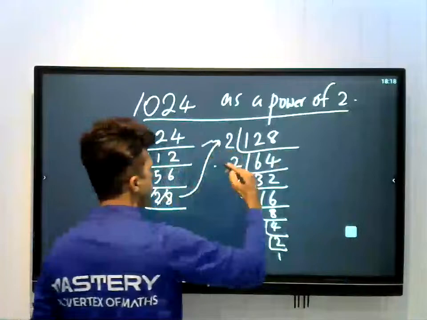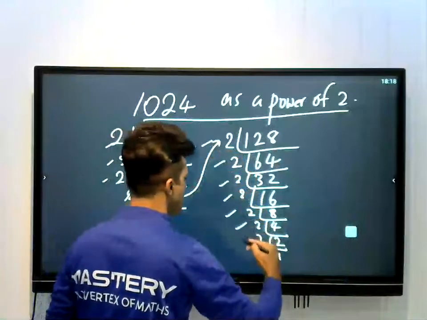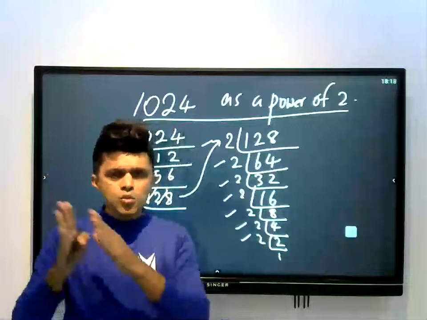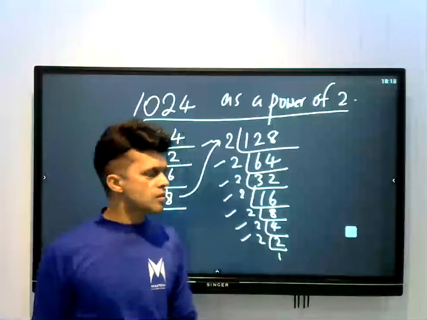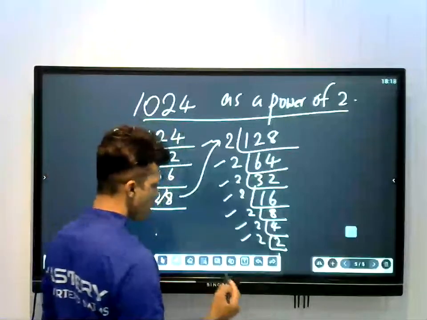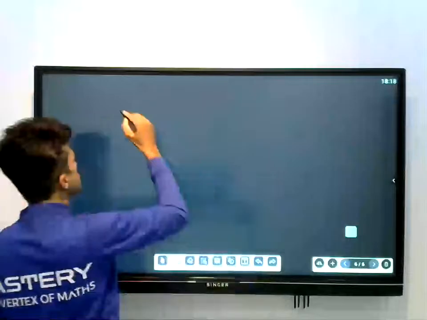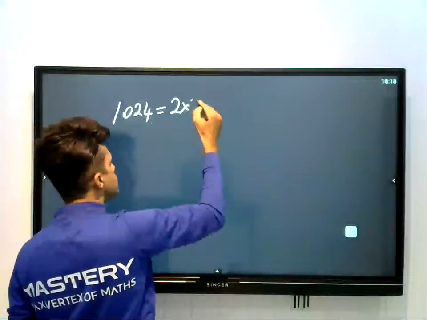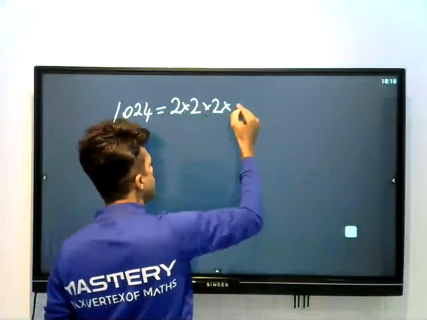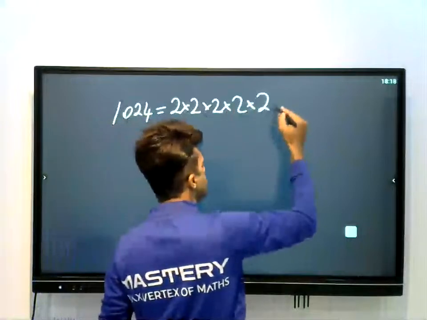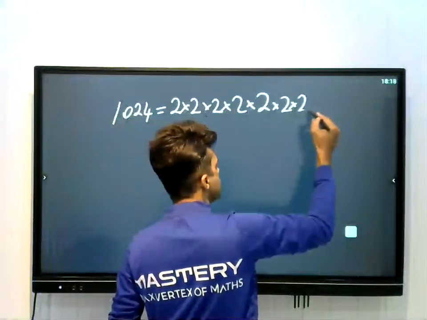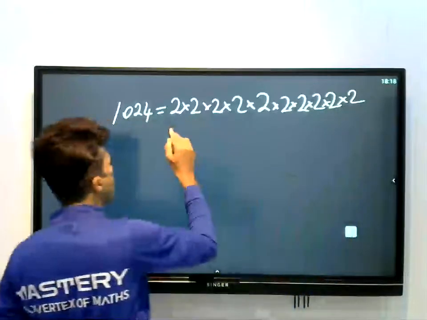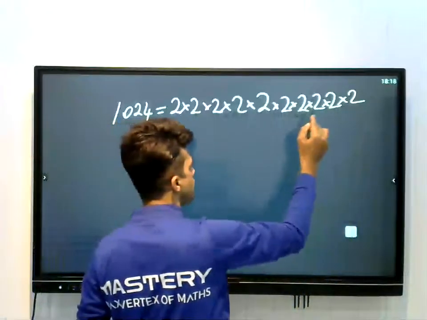Count them: 1, 2, 3, 4, 5, 6, 7, 8, 9, 10. So we have written the digit 2 ten times, which means 1024 equals 2 multiplied ten times.